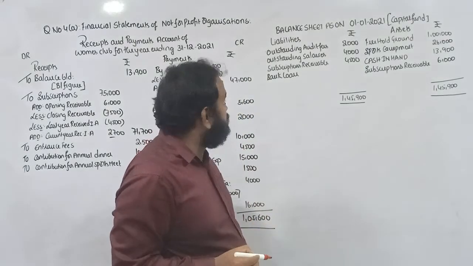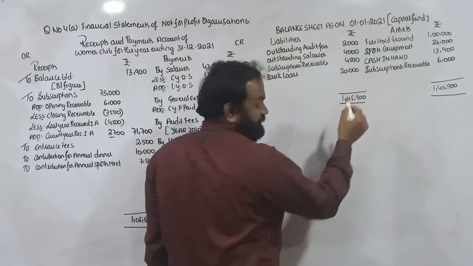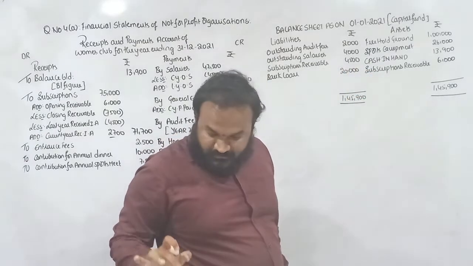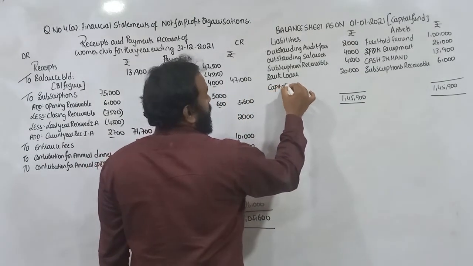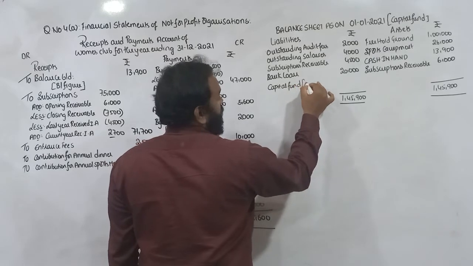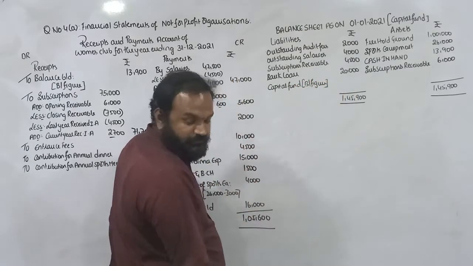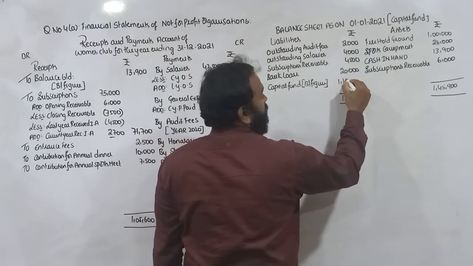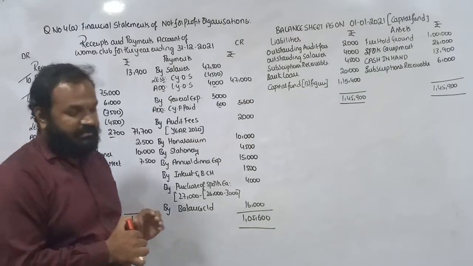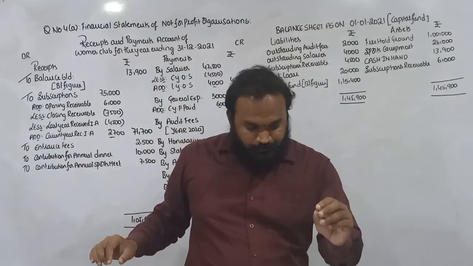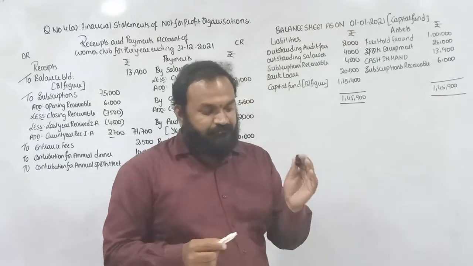It's how much? So I'm not writing the bank loan amount, no? Exact. I'm extremely sorry. Minus 20,000. It's capital fund, within brackets, balancing figure, 1,15,400. Next, you have to prepare which balance sheet, boys and girls?